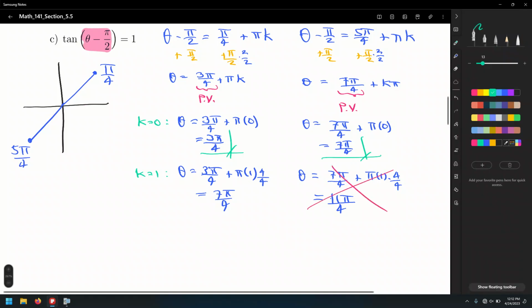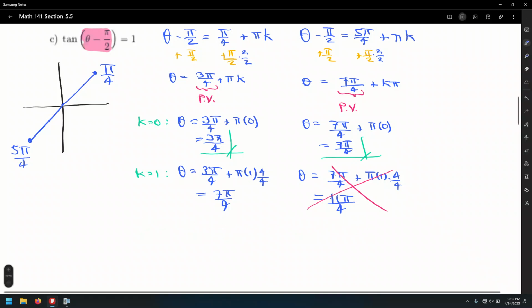That means that if we do k equals 2, this theta would have been the same as before, that 11 pi over 4, and whatever value is going to be already a really big number which we need to cross out. I'm just going to erase this. All right? We don't need this.